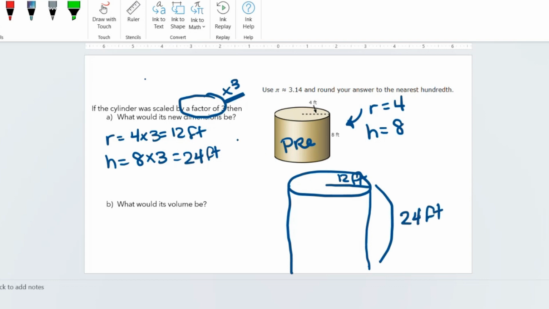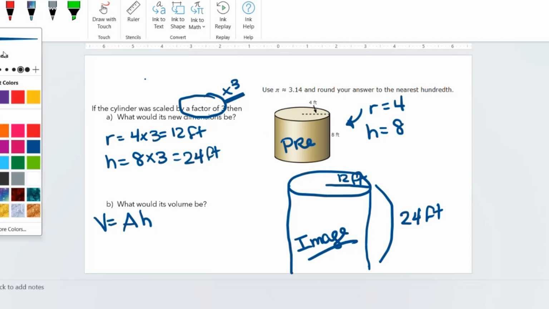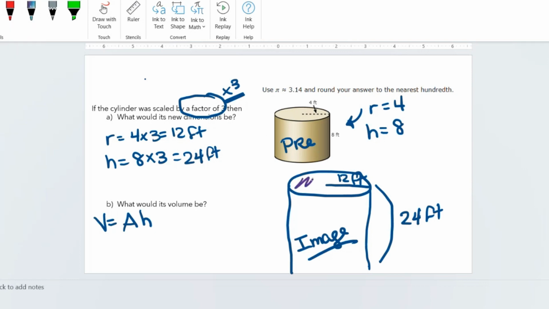Now, what would the volume of this new image be? Well, we have 2 ways to go about this. One is, I've already found out the new dimensions, so I could just go back to volume equals area times height and find the area of this base here.